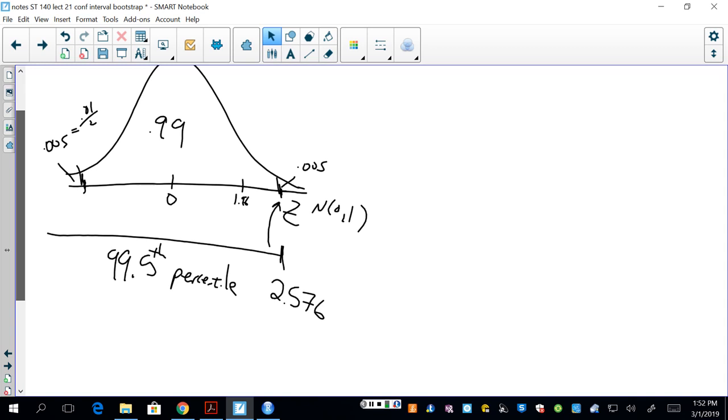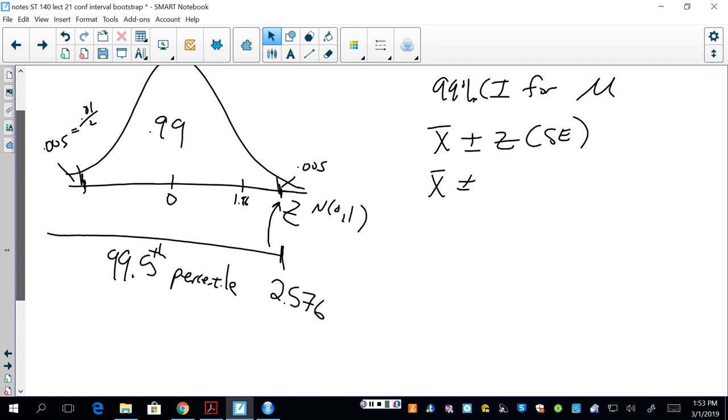So our 99% confidence interval for mu, for the population, right? We always do confidence intervals for the population, for the parameter, the thing that we don't know. When we center it, we base it on the sample, because we know that. X bar plus or minus the z-value times the standard error. In this case, for 99%, it's 2.576 instead of that.